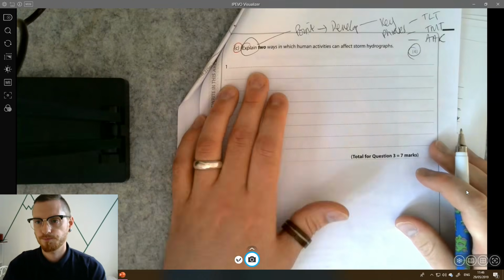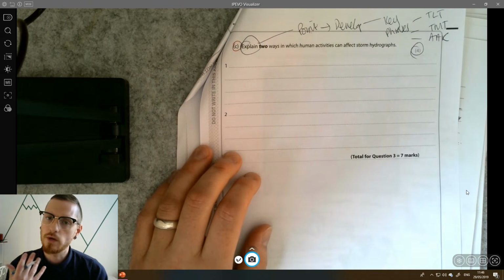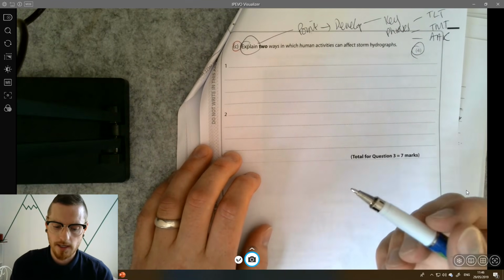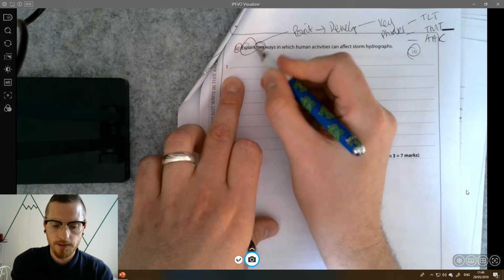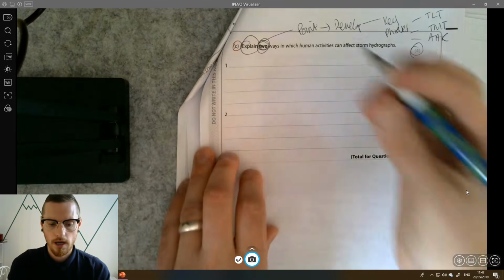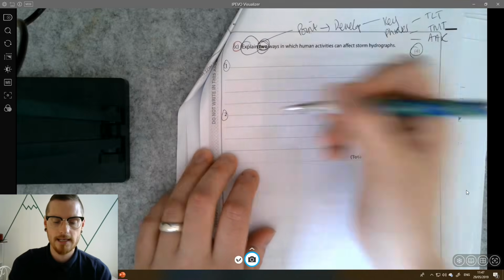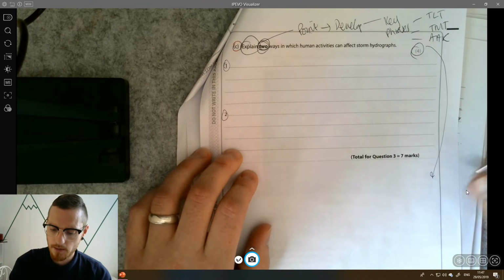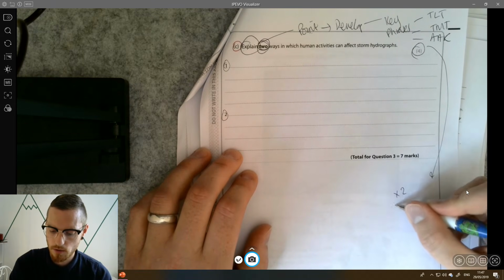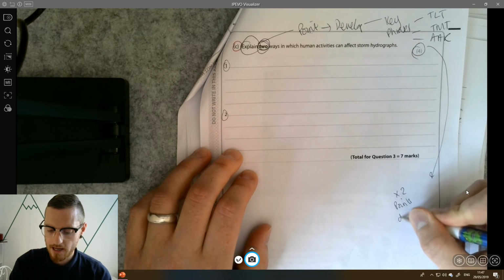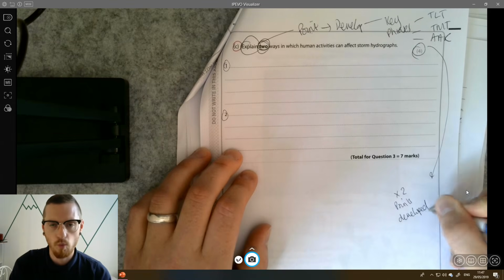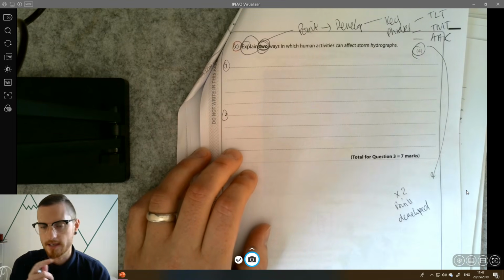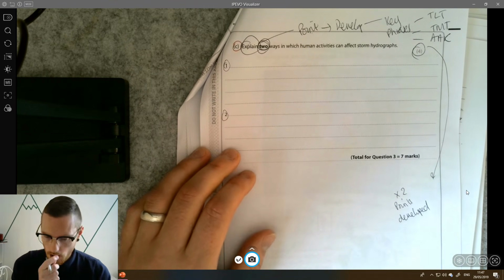This question's worth 4 marks, but it's different, which is why I'm pointing it out compared to the previous explain, because they have bolded the phrase two, and they've given me a clear indicator that they want 2 different points. So this time, it has to be 2 points developed. I can't do it where I develop 1 point 3 times like I did in the previous question.